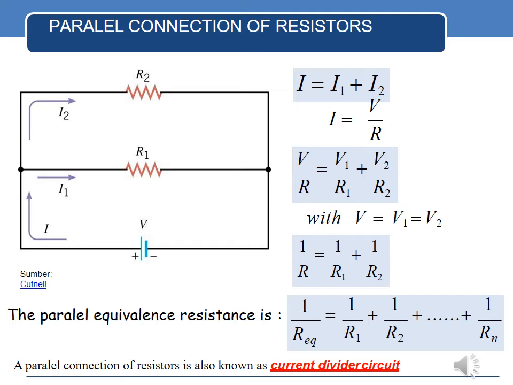So at the tail of R2, at the tail of R1, and at the battery, the voltage is the same. So we have V equals V1 equals V2. We can cross the V's out. So we end up with 1 over R equals 1 over R1 plus 1 over R2. So the parallel equivalent resistance is 1 over R equivalent equals 1 over R1 plus 1 over R2, and so on until 1 over Rn.